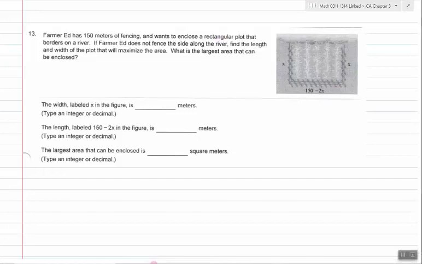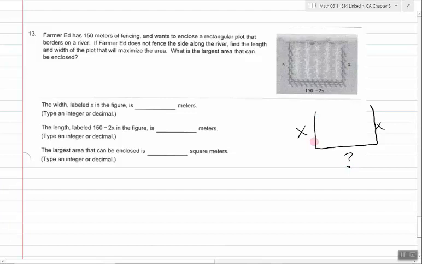Okay. Now, to do this one, I'm going to draw another rectangle. And I'm going to say X and X. Now, we're not going to enclose this. I need to get a representation for this side.